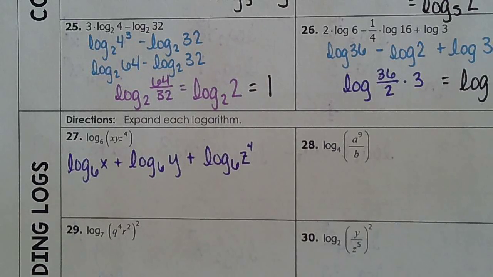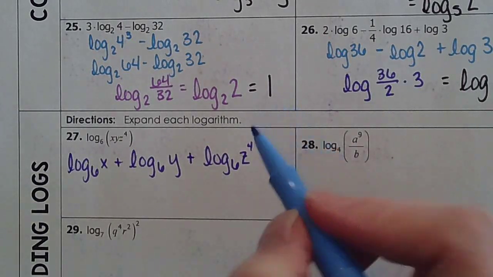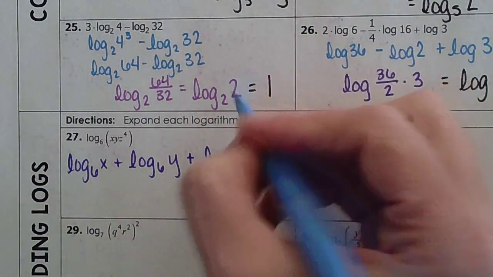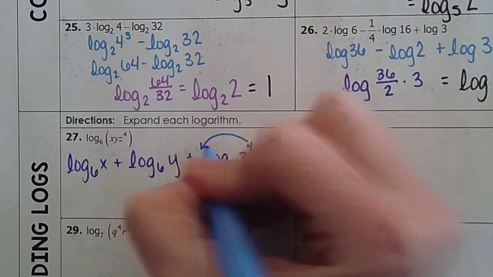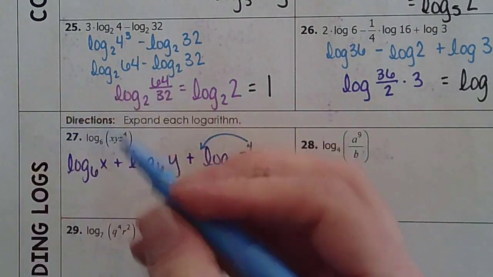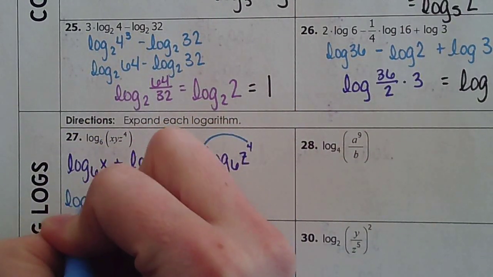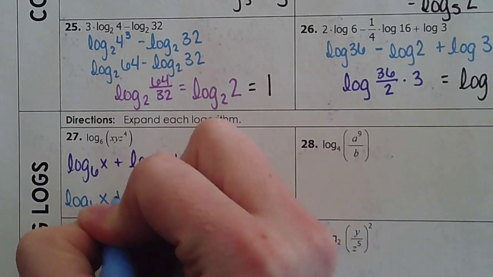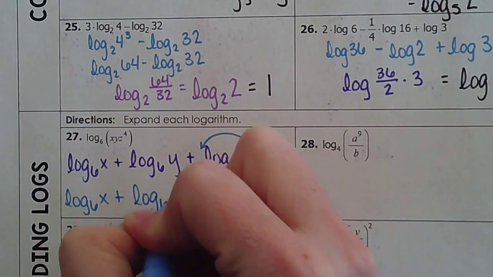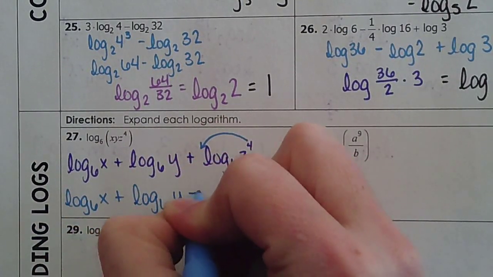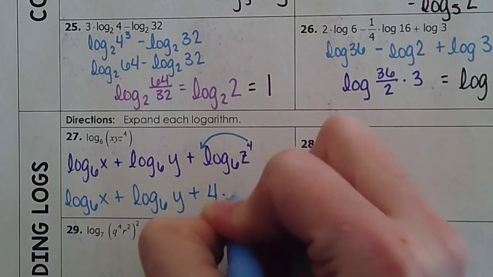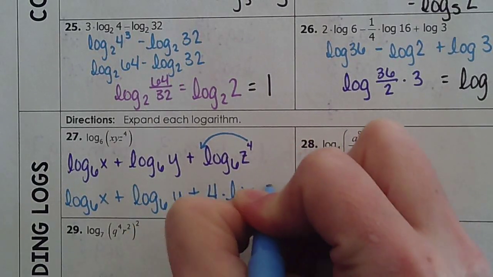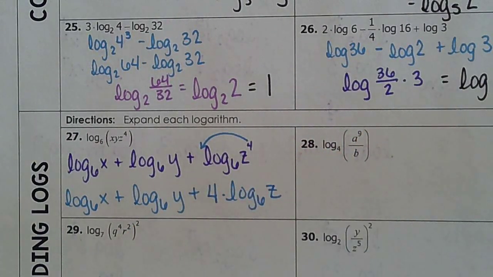That's my first step. I'm going to expand my multiplication into an addition problem. But now I've got an exponent that I have to deal with. So I'm taking this exponent and I'm going to move it in front of its term. So my answer here is going to be log base 6 of x plus log base 6 of y plus 4 log base 6 of z.